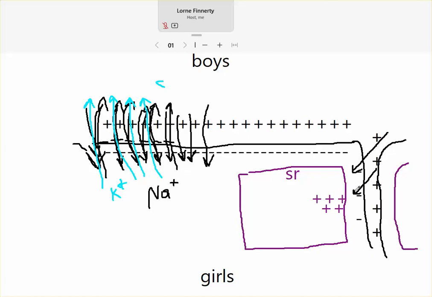So now there is a polarization of this membrane, but there's also a polarization of this membrane between this negative charge and this positive charge. When the sodium comes in, now inside is positive, which means that the sarcoplasmic reticulum is now depolarized, and electrically gated calcium channels open, and calcium leaves.